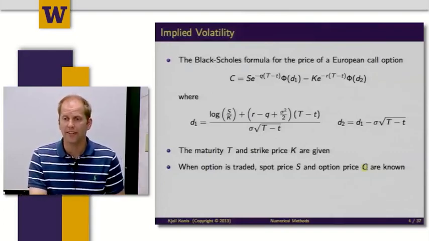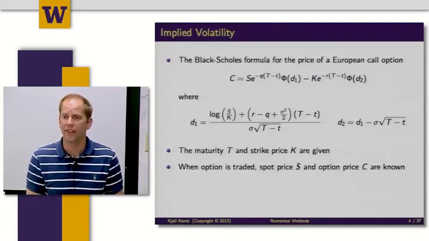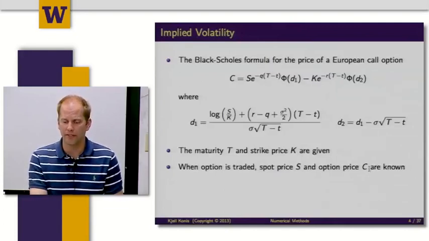The option is based on some underlying asset that has a price S. At the same time I sold my option for this price C, I can look at the most recent trade for the underlying asset and see what the asset price is. So when these transactions take place, the C and the S are known.